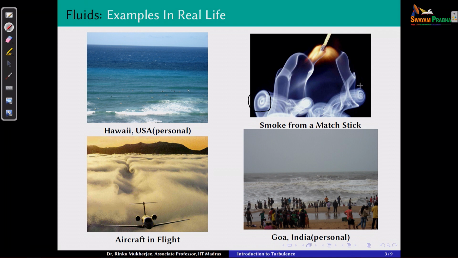If I were to draw a section right here, something like this, what does this look like?